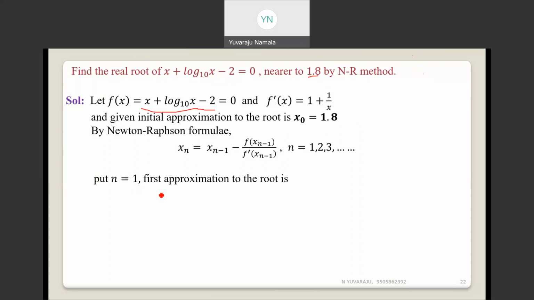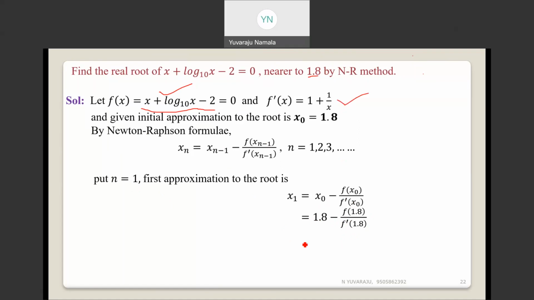For n is equal to 1, the first approximation to the root is x1 is equal to x naught minus f of x naught by f dash of x naught. Substituting here, 1.8 minus f of 1.8 by f dash of 1.8. For f of 1.8 we substitute in f of x, and for f dash of 1.8 we substitute in f dash of x.